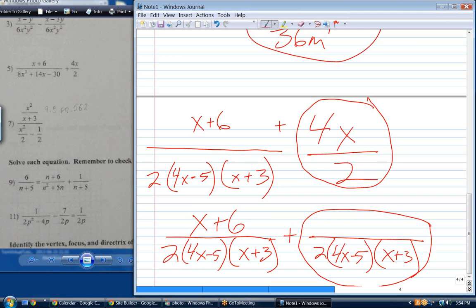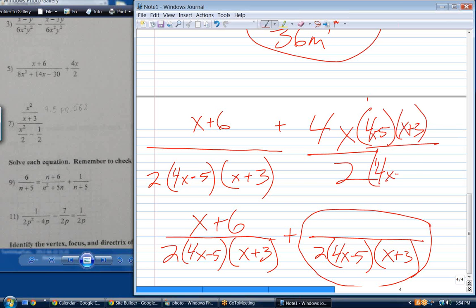Not by all of it, just the 4x minus 5 and the x plus 3. I don't have to multiply by 2. There's already a 2 there. So I multiplied it by 4x minus 5 times x plus 3 over 4x minus 5 times x plus 3. This is a concept I can't stress often enough: you can multiply any fraction by 1. This is 1, and it gives me the desired denominator.